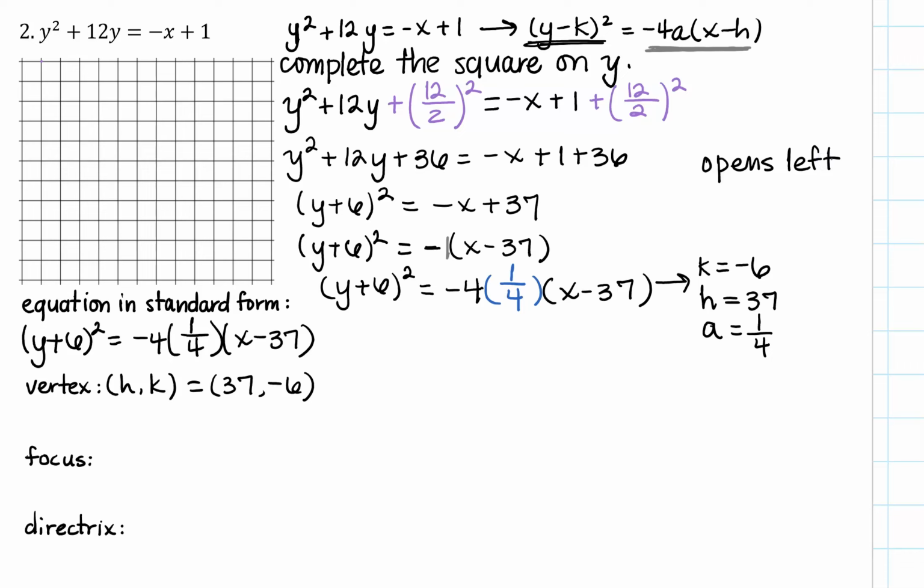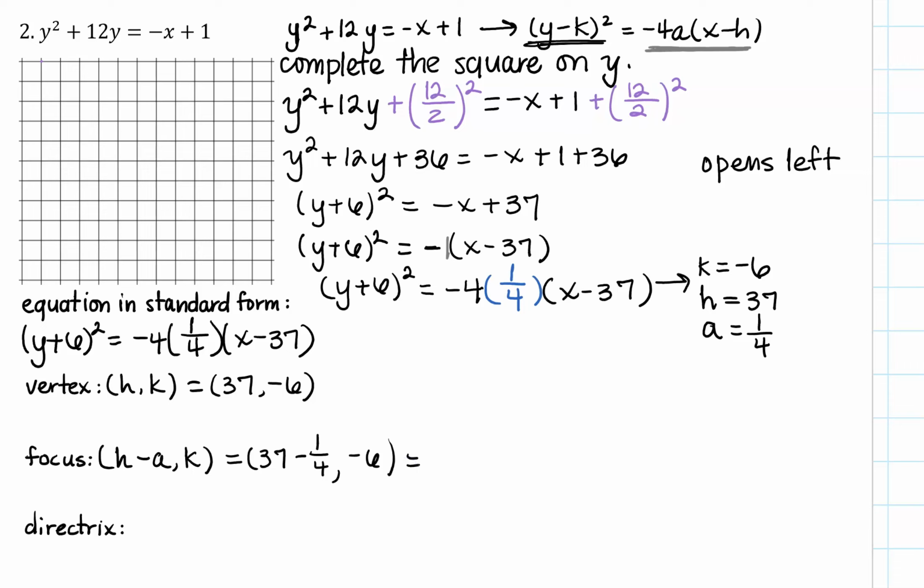When a parabola opens left, the formula to find the focus is h minus a, comma k. Well, we have all three pieces of those. Our h is 37. We would be subtracting a 1/4 from it. That's our a. And the y-coordinate of our focus k is negative 6.